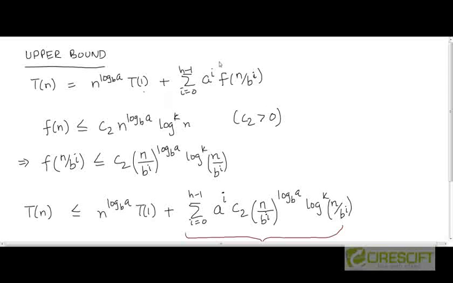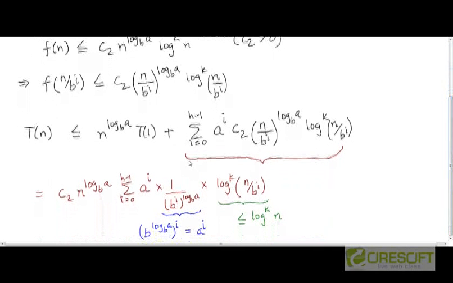So the resulting expression will be T of n is less than or equal to, the first part remains the same, n to the power log base b of a times T of 1, and in the second part we are taking this right hand side and plugging it in place of f of n divided by b to the power i.